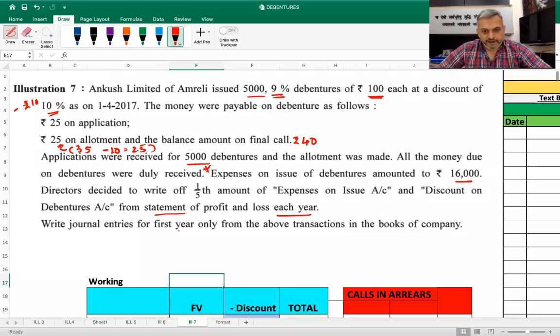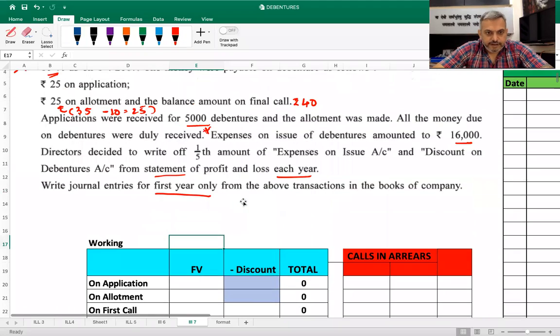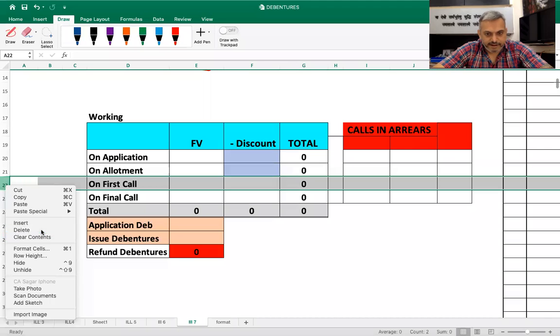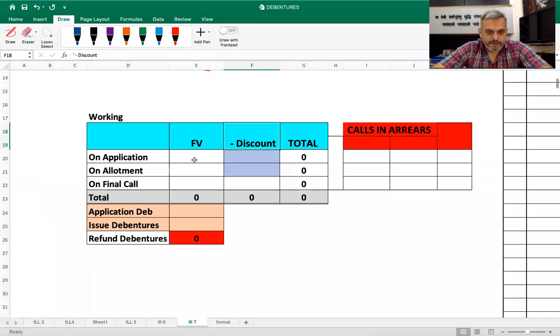Now, write the journal entry for the first year only from the above transaction in the books of the company. So we have to write entries only for the first year. Let's go to the format of working first. Now we have application, first call is not there, final call, we have discount.